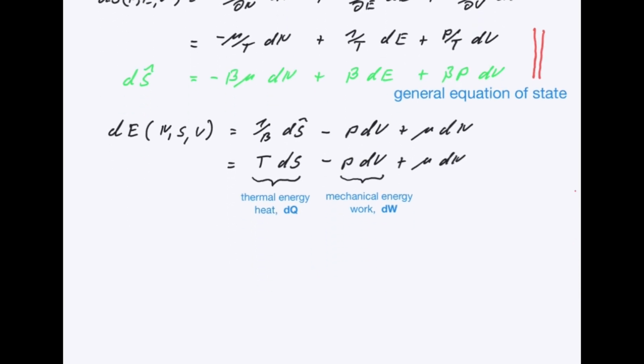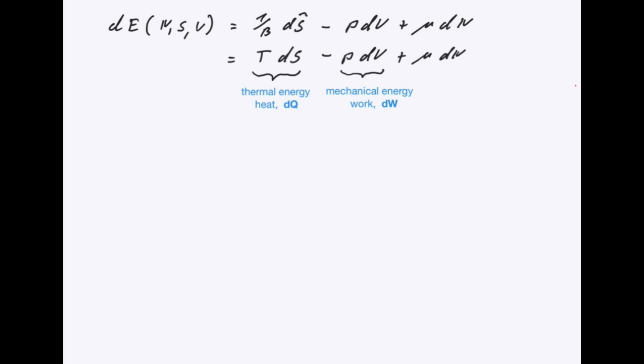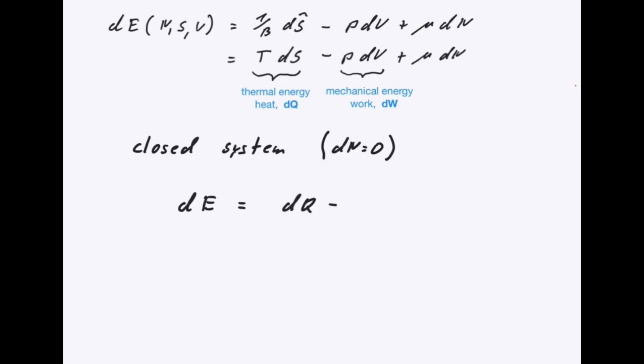If we now further assume that we deal with a closed system, which means that there is no change in the number of particles, dN is equal to 0, we obtain the equation dE is equal to dQ minus dW. Nothing else than the conservation of energy. So the change in energy is given by changes of the thermal energy that you put into the system minus the work that you take out of the system.